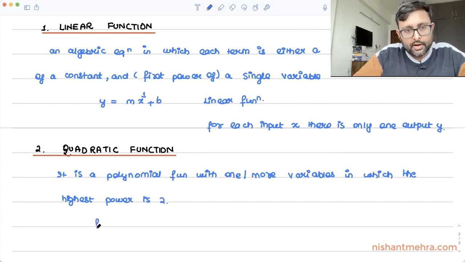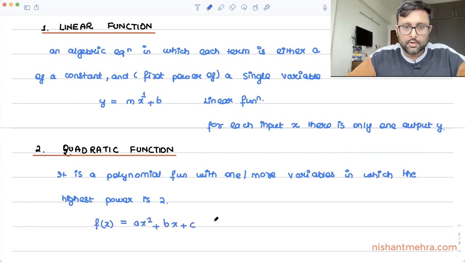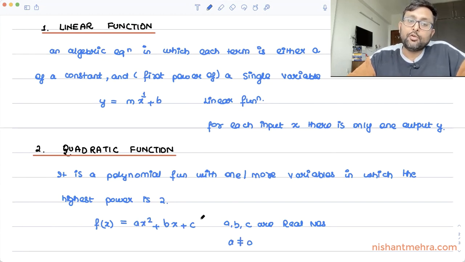So for example, f(x) equals ax square plus bx plus c, where a, b, c are real numbers and a is not equal to 0, because the moment a is equal to 0, the variable with the power of 2 has gone.